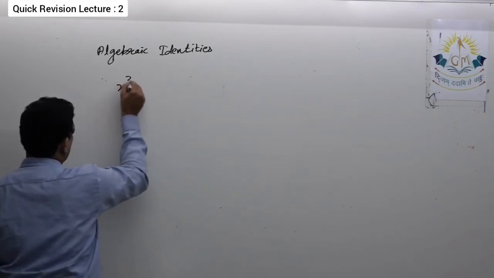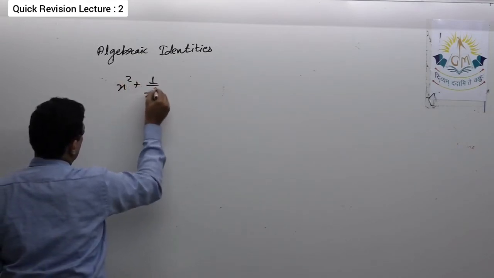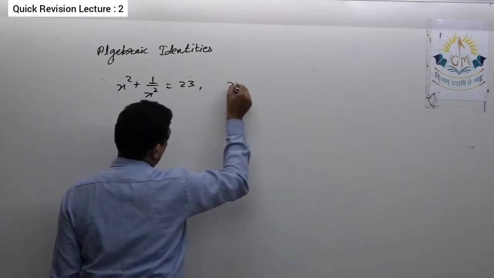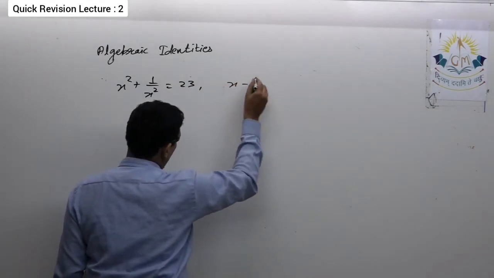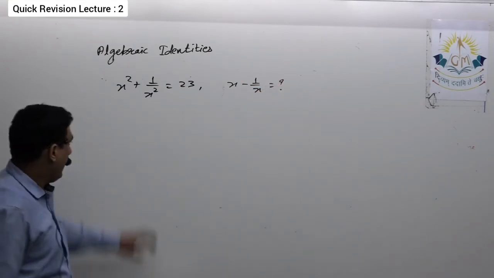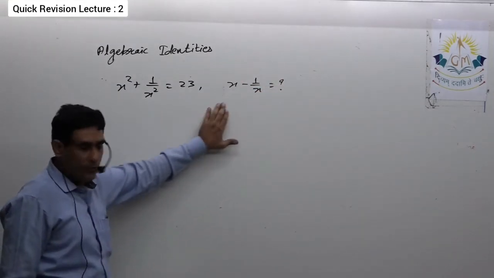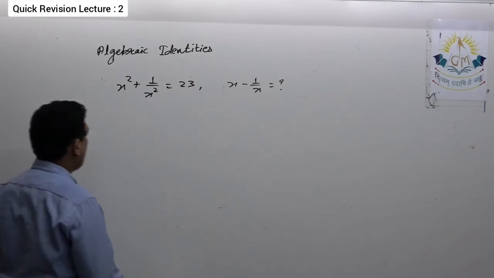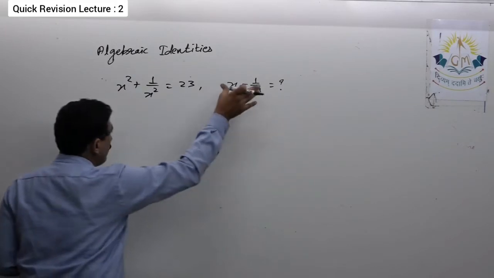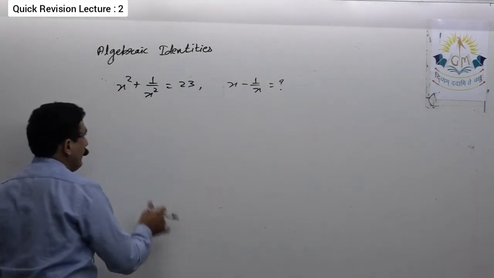Okay, x square plus 1 upon x square is equal to 23, and we have to find the value of x minus 1 upon x. x square plus 1 upon x square is given, and you have to find the value of x minus 1 upon x. So we need this, so we'll start from this only.